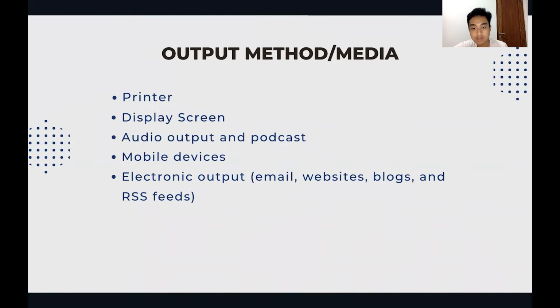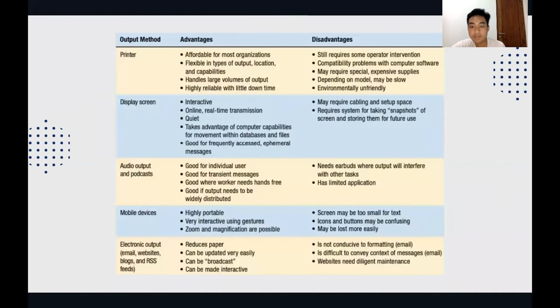So next is the output method or media. We can pick our most effective output method from these several methods, which are printer, display screen, audio output, podcast, mobile devices, and electronic output. So the first method is the printed output as the media and a display screen output.